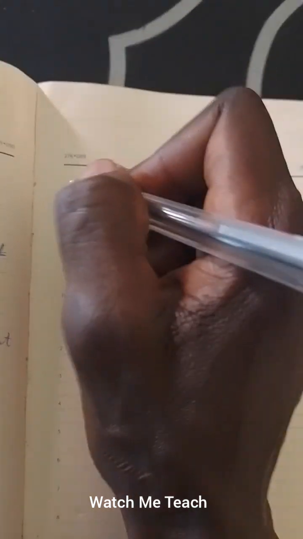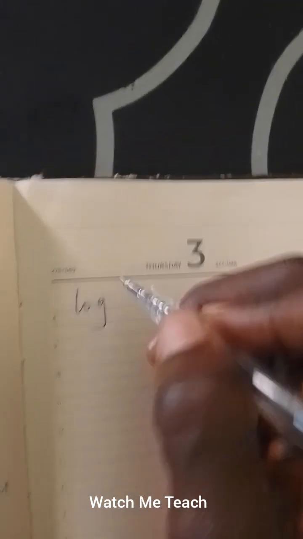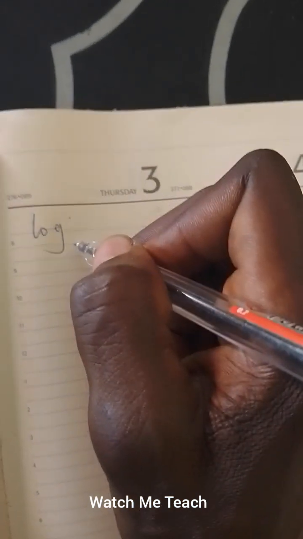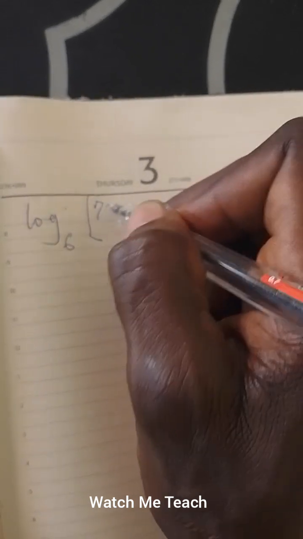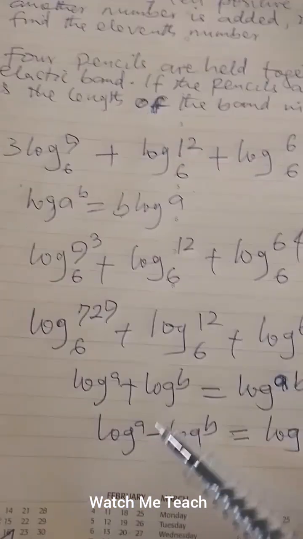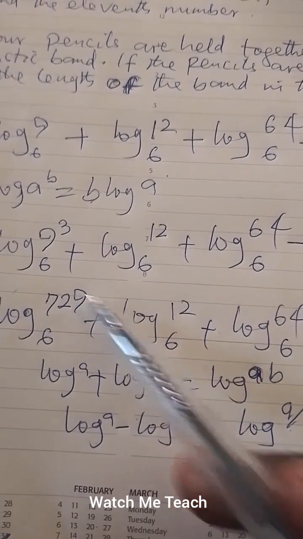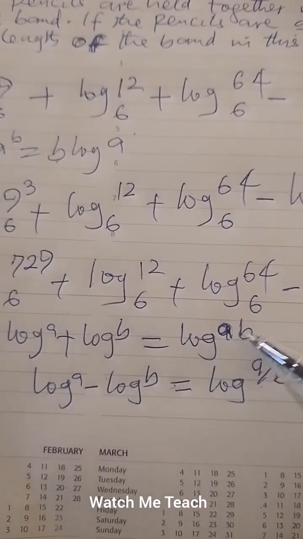Here, we will use log, are you with me please? Log base 6 of 729. Remember that this one is plus, since it is plus, we are going to multiply these two according to this rule. Plus, we multiply it to give us AB.